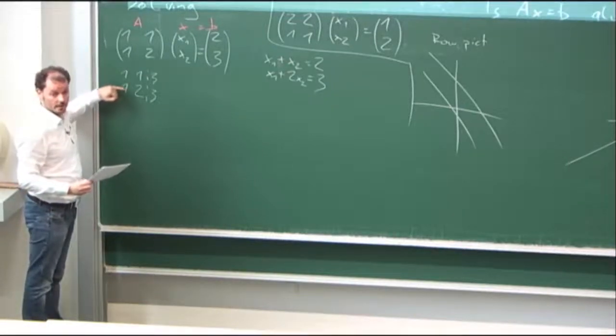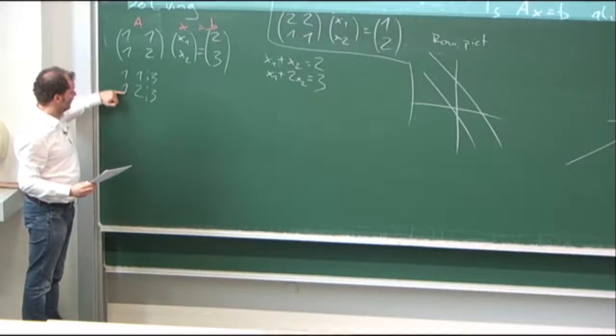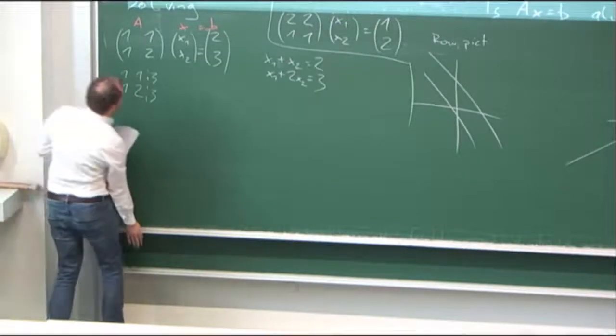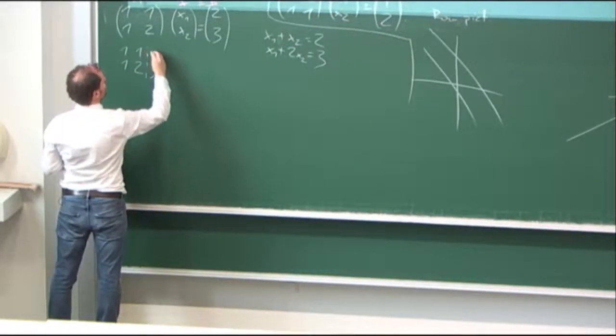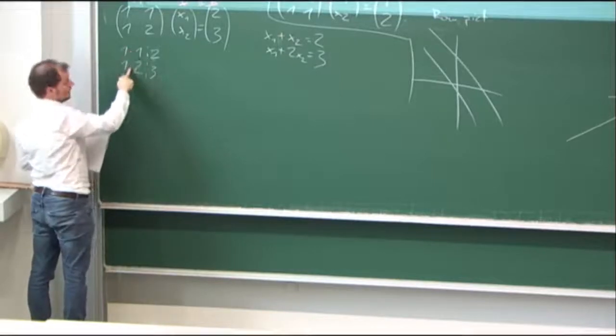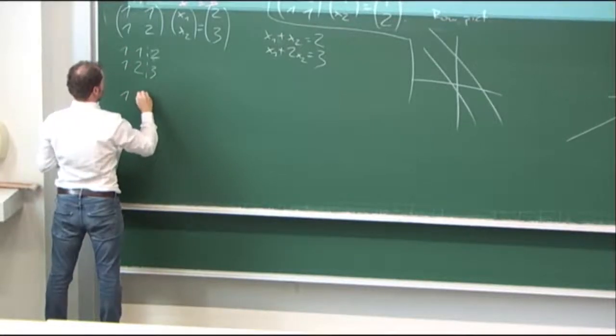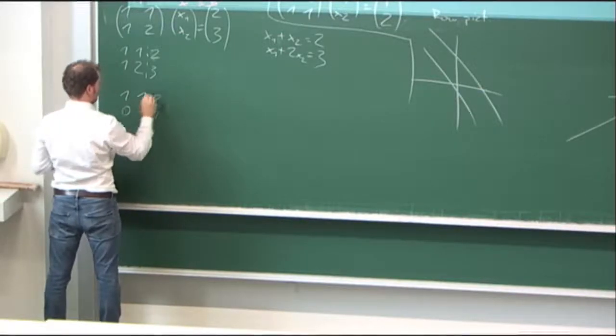Sorry, that should be a 2 here. One thing that we can do is subtract the first row from the second row, which will give us 1, 1, 2, 0, 1, 1.